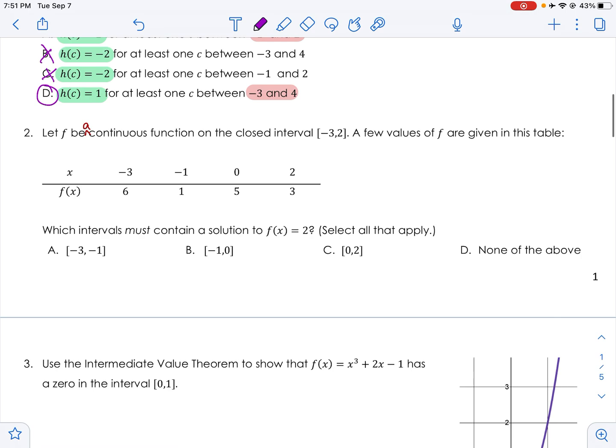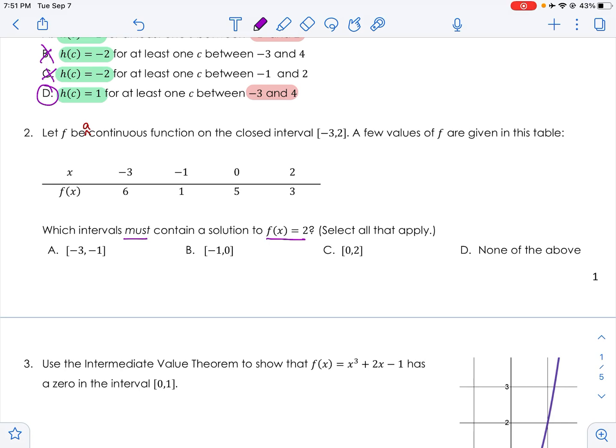Looking at number 2, let f be a continuous function over the closed interval -3 to 2. A few values of f are given in the table. Which intervals must contain a solution to f of x equals 2? Select all that apply. So we want to know what must contain a solution if f of x equals 2, meaning my y value equaling 2.